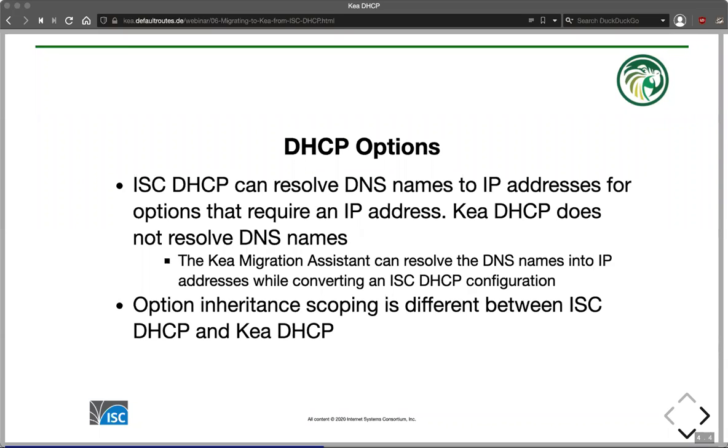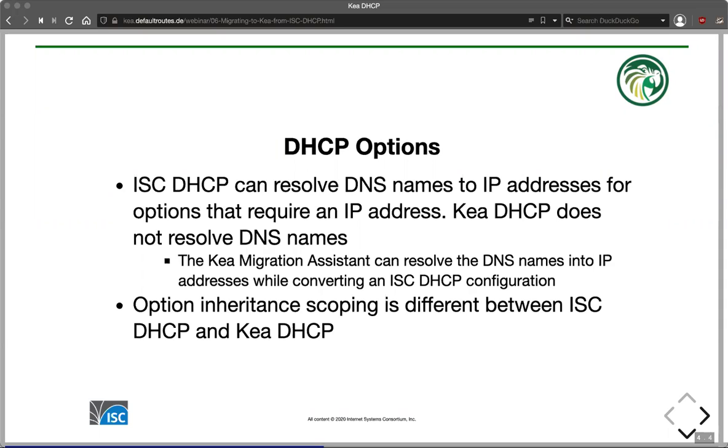Also, the option inheritance scoping is different between ISC DHCP and Kea DHCP. So if you have different scopes in your Kea configuration file and you have the same option set in the different scopes, then you might end up with a different result in the response message being sent to the client compared to ISC DHCP.